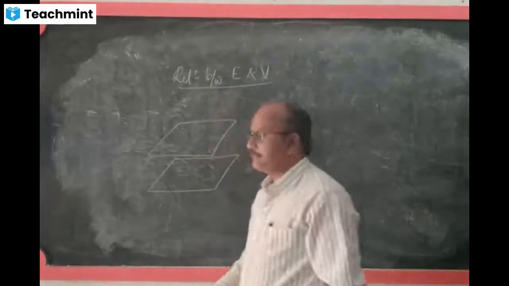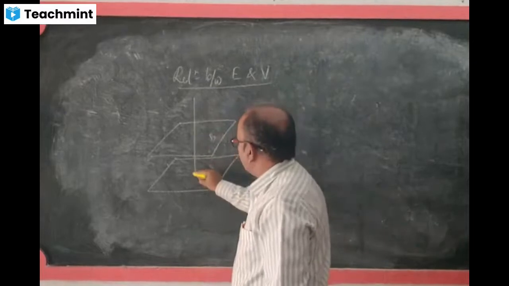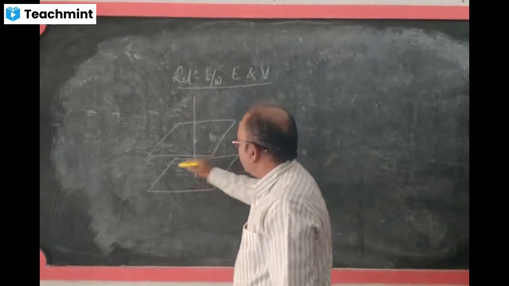two surfaces A and B, which are at a distance.